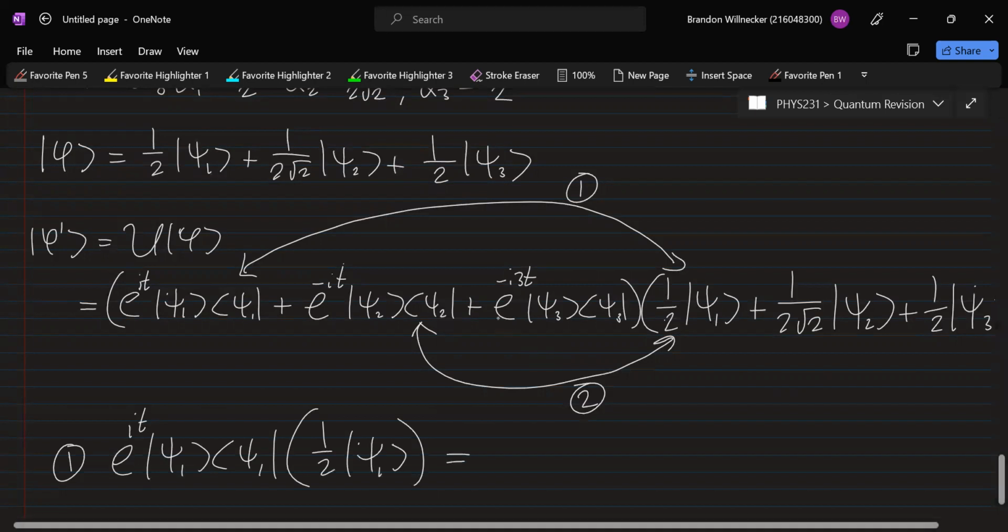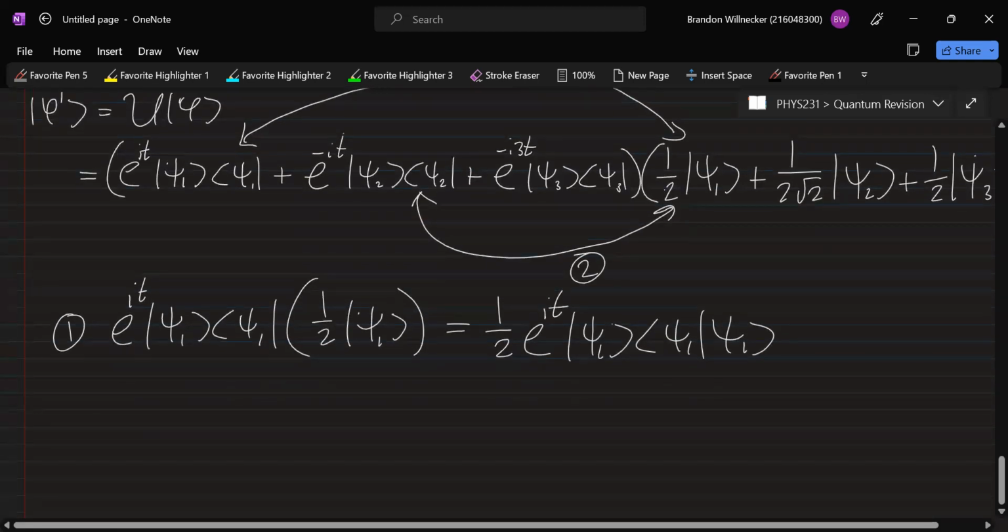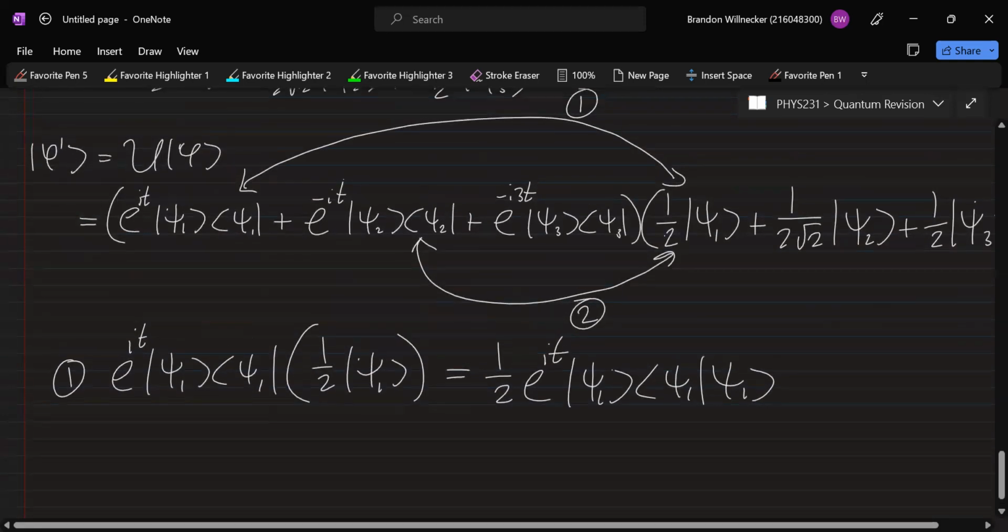We can write this as 1/2 e to the RT psi 1 times the inner product <psi 1|psi 1>. But remember that these states are orthonormal, so the inner product of psi 1 with psi 1 is just going to be 1.